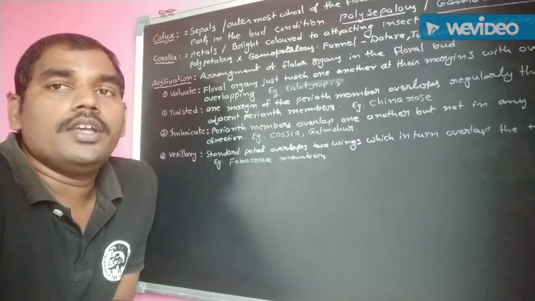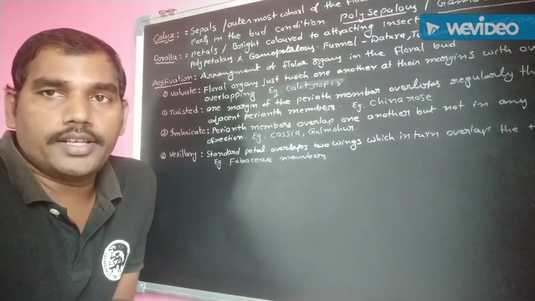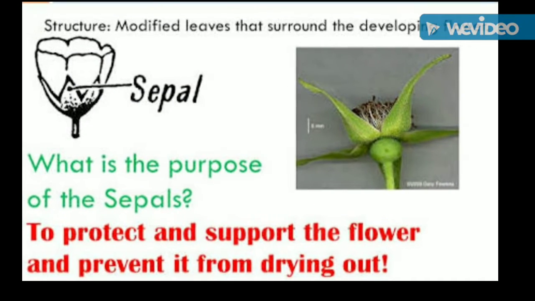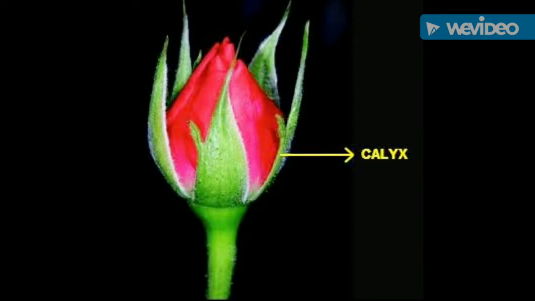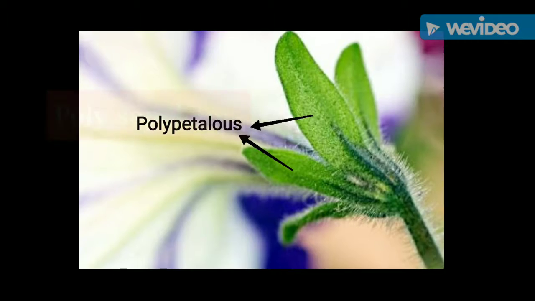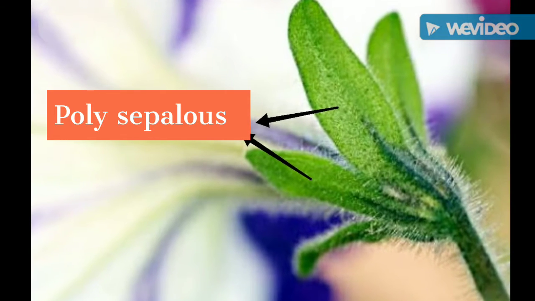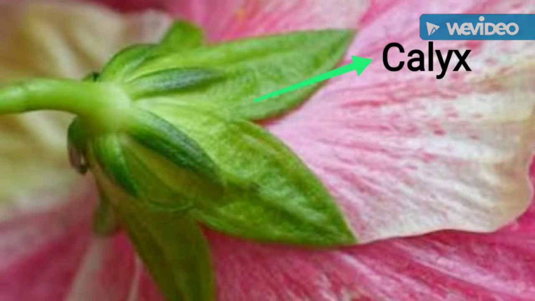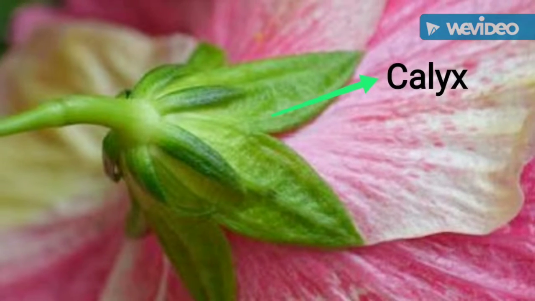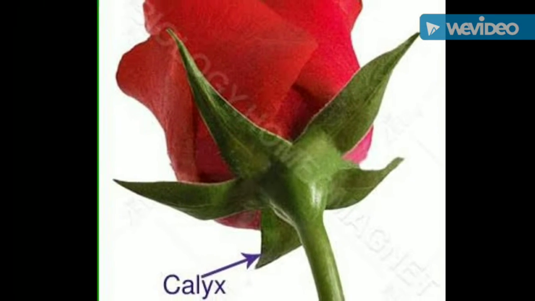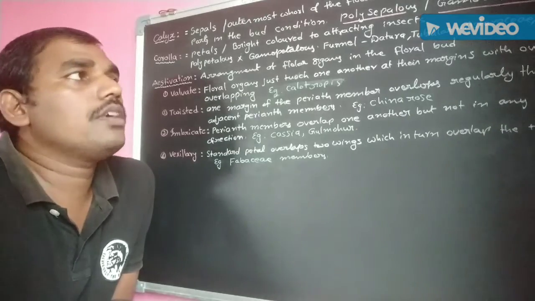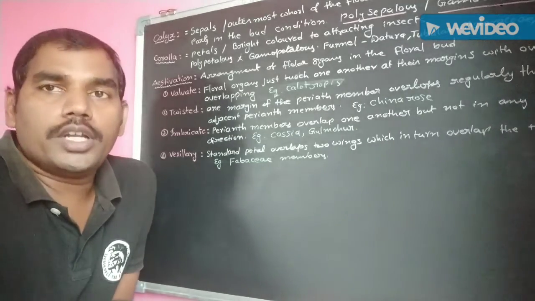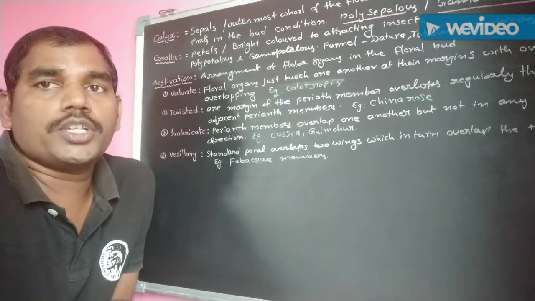The free sepals are known as polysepalous. In some other species, like Datura metel, the sepals are fused with one another and form a bell-shaped structure.